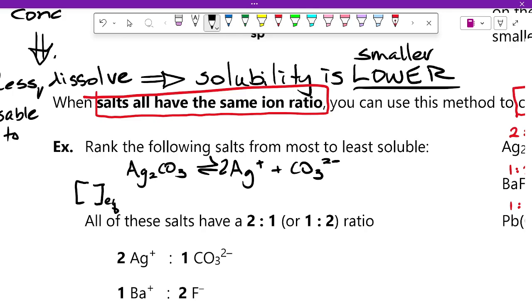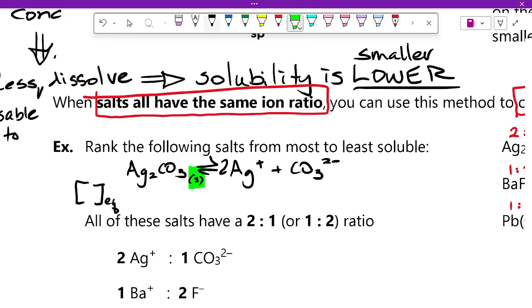And because this is a solid, it doesn't really have a concentration. Does that make sense? If I say 1 molar NaCl, is there really any solid NaCl in the solution? No, it's all dissociated. So if I say the concentration of Ag2CO3 is 0.002 molar, that means 0.002 molar is dissolved and everything else is solid.